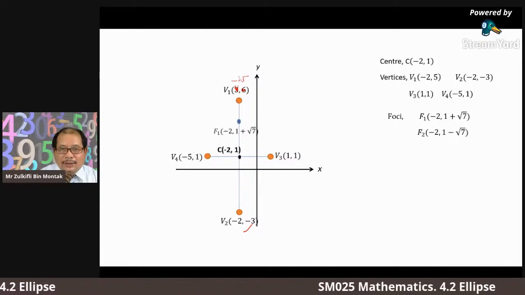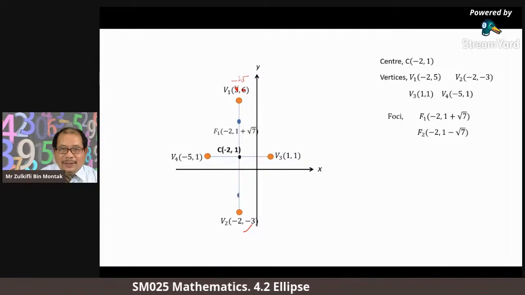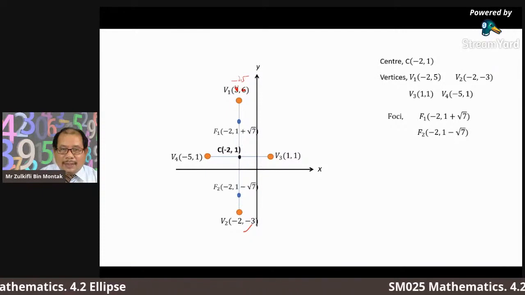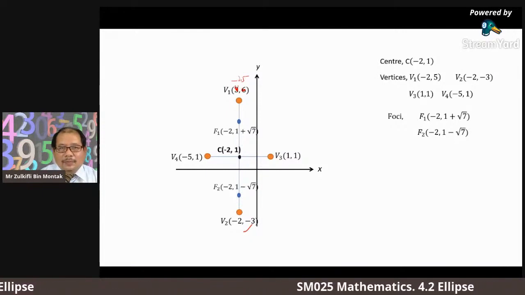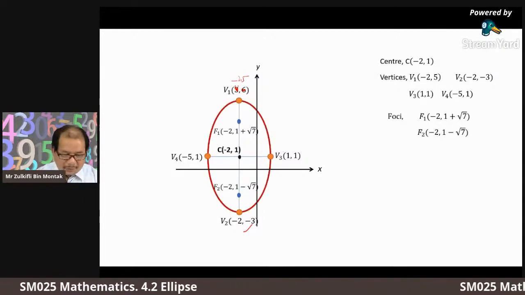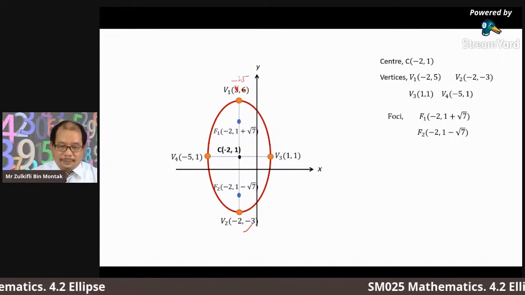This is the focus (negative 2, 1 plus square root of 7), and (negative 2, 1 minus square root of 7). Okay, this is the graph for the ellipse.